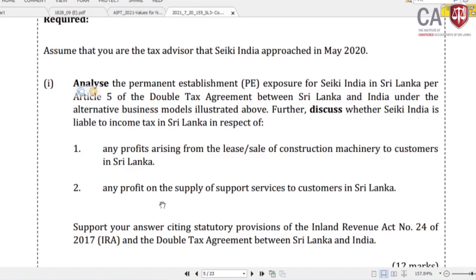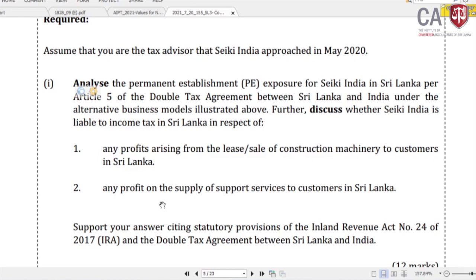Based on the illustration models, under these 2 categories, you need to look at whether Seiki India is creating a permanent establishment or not as per the provisions of the double taxation agreement between Sri Lanka and India.